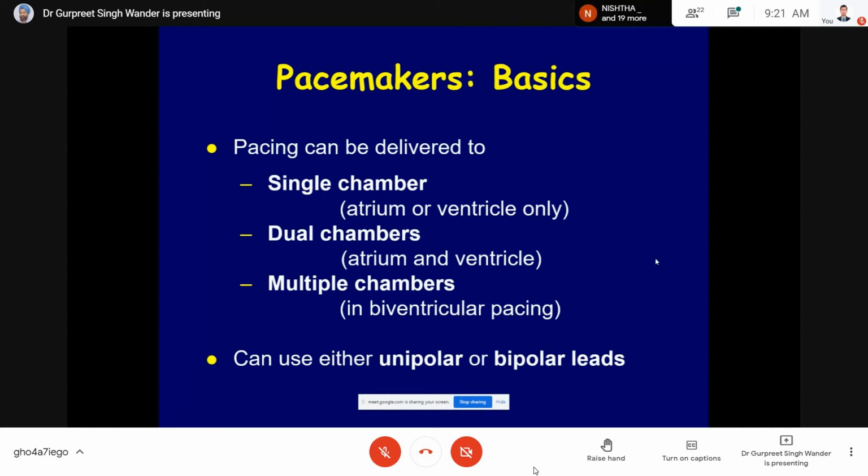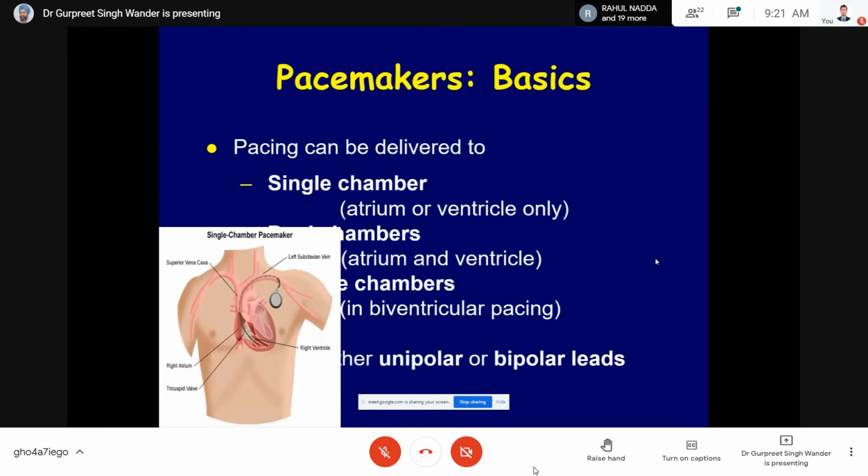So you can have a single chamber pacemaker, you can have a dual chamber pacemaker, and you can have a multi-chamber pacemaker, what is called a biventricular pacemaker, or also cardiac resynchronization therapy.